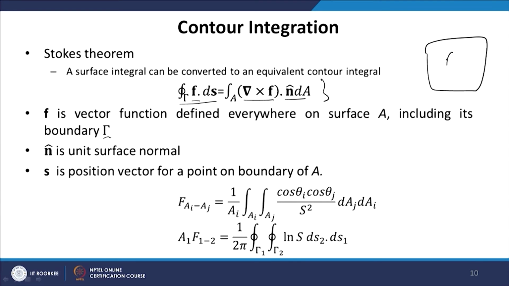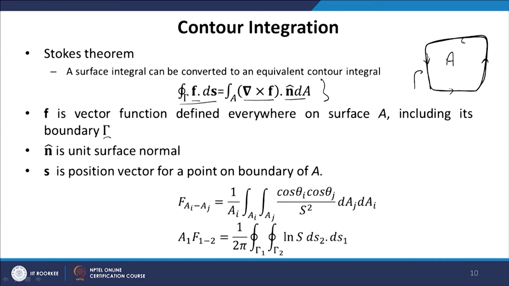So, if you have this surface A, this is the path that we have to follow, okay. So, this is basically the boundary of the surface, and n is the unit normal vector to the surface, okay.